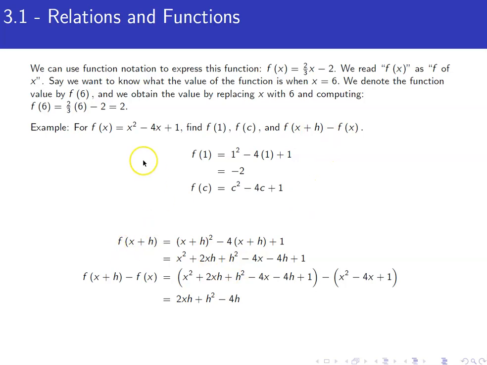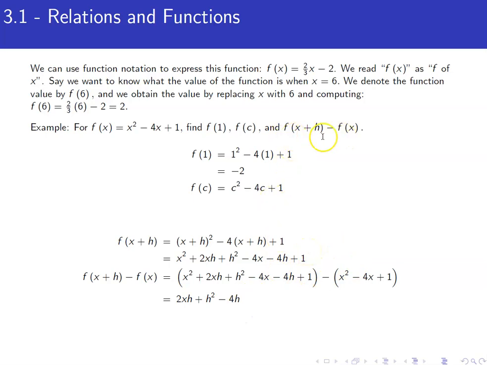So for f of x plus h, we're going to take out the x, put in x plus h. So we get x plus h quantity squared minus 4 times x plus h plus a 1. If we distribute here, we'd get x squared plus 2xh plus h squared. This one we will distribute the negative 4, so we get minus 4x minus 4h and add a 1.